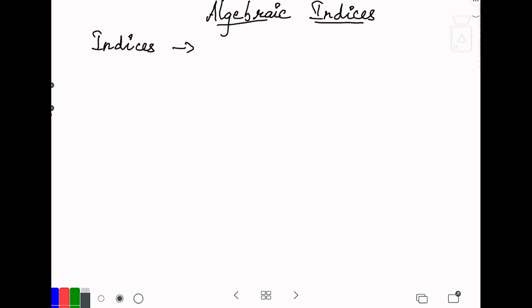Hi all. Today we are going to see the topic algebraic indices. So, indices is nothing but plural of index.